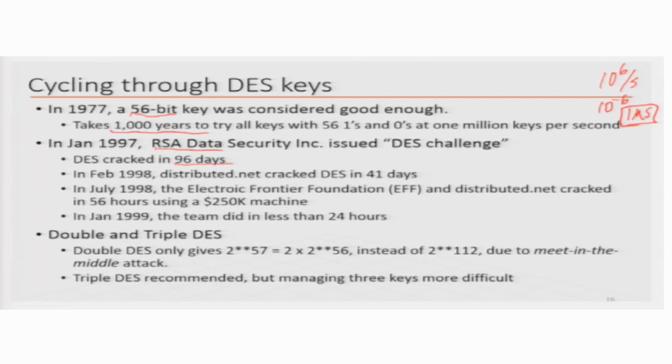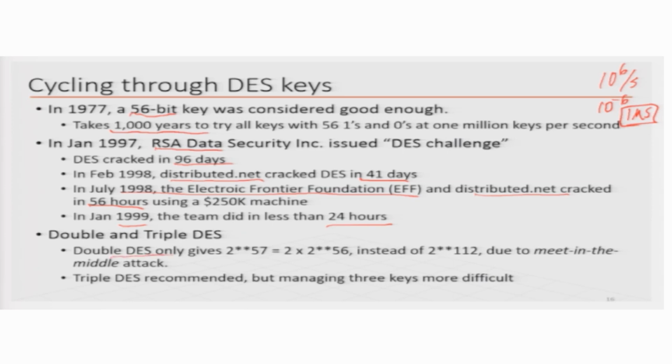In 98, another player in the challenge reduced it to 41 days, and then in 98 the Electronic Frontier Foundation and distributed.net reduced it to 56 hours, and in 99 they did it in less than 24 hours. So, at that point they decided that this is not safe, because attackers, especially if the attacker is from a big nation with the government behind it, could crack the keys very fast.